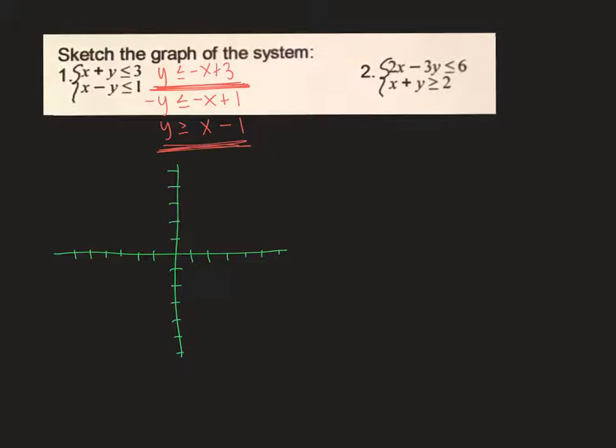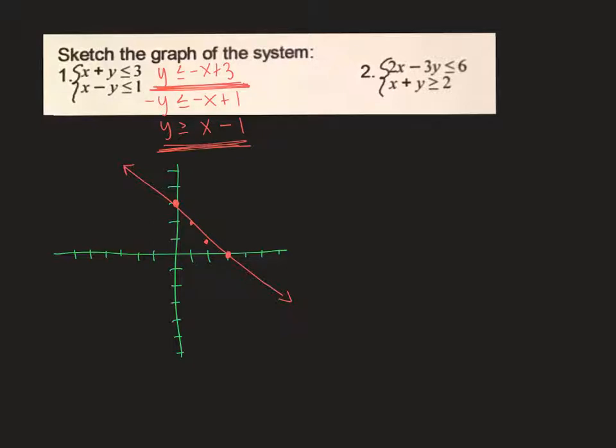So y is less than or equal to negative x plus 3. I'm going to start up at positive 3. Negative x means my slope is negative 1, so I'm going down 1 over 1. It's less than or equal to, so it's going to be a solid line. And then less than, we shade below the line.